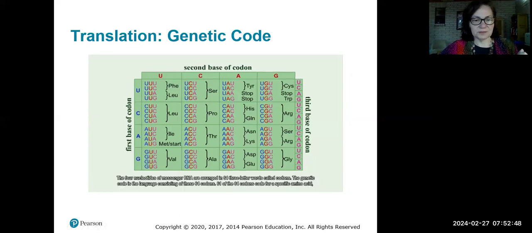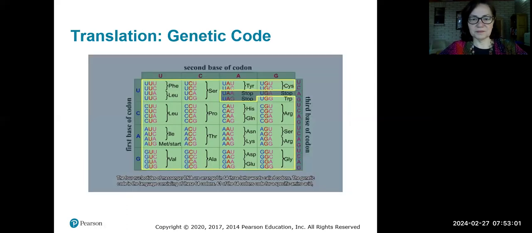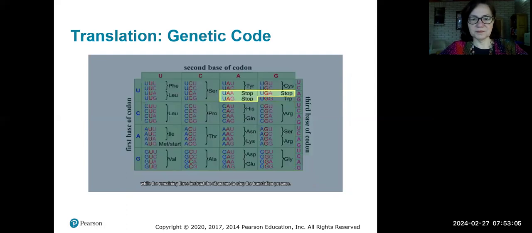The 4 nucleotides of messenger RNA are arranged in 64 three-letter words called codons. The genetic code is a language consisting of these 64 codons. 61 of the 64 codons code for a specific amino acid, while the remaining 3 instruct the ribosome to stop the translation process.